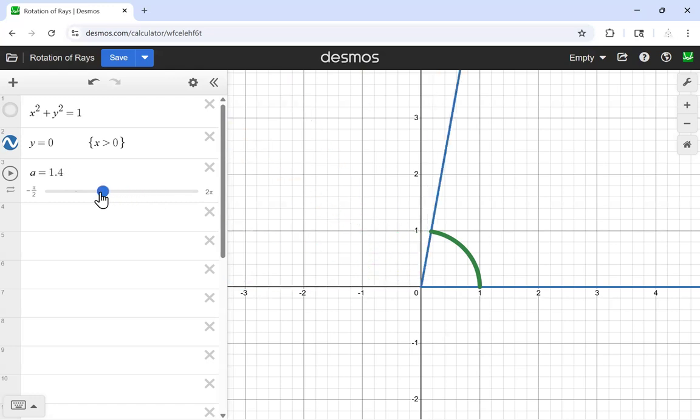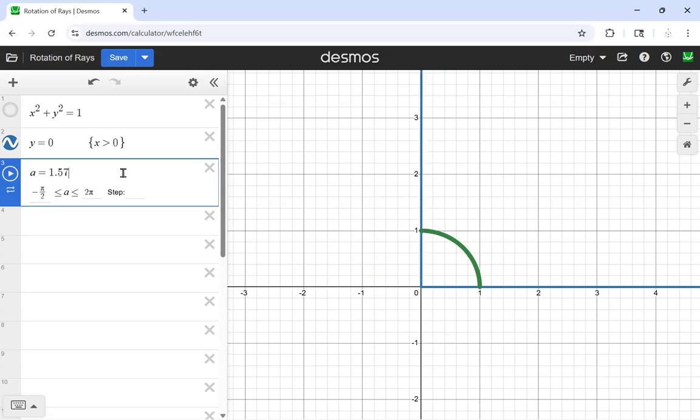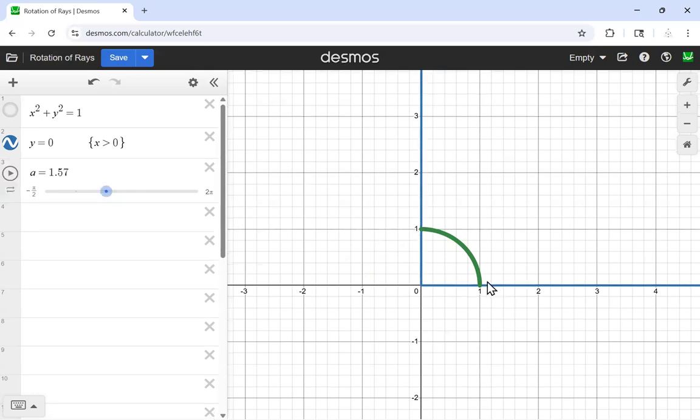If I did a quarter of a rotation around, again, this is not a perfect situation there, but there. A quarter of 360 would be 90 degrees, and a quarter of 2 pi would be pi over 2 radians. So all of my other degree measurements and radian measurements are based off of what percentage of the circle did I rotate around.